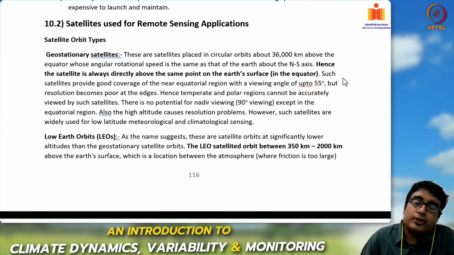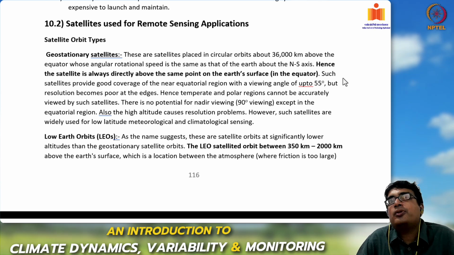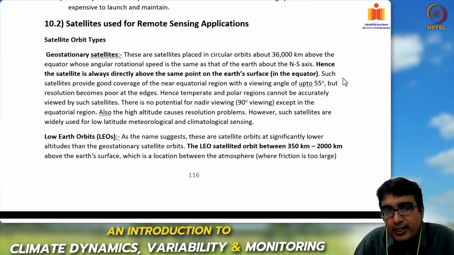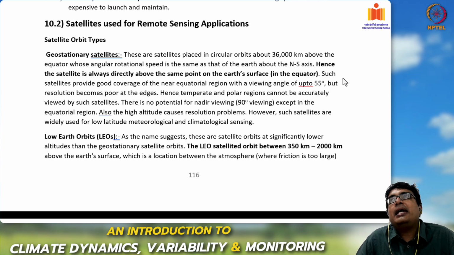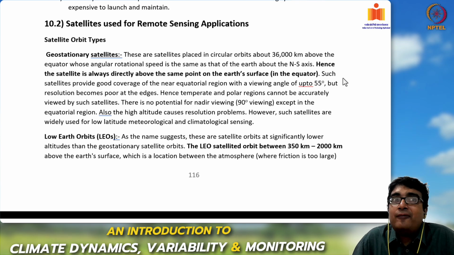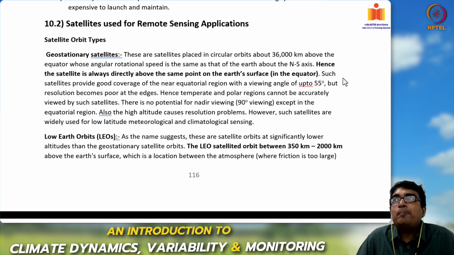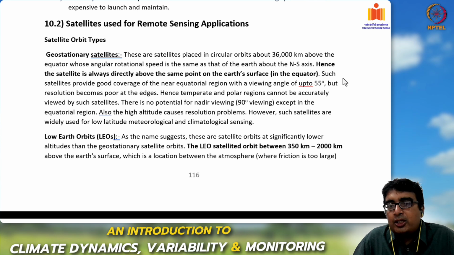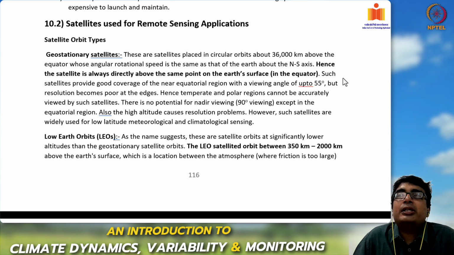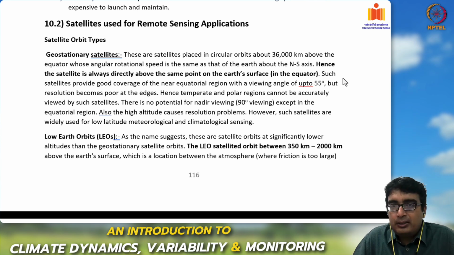So its altitude is quite high, and they are always placed above the equator, at the location where their angular rotational speed is the same as that of the Earth about the north-south axis.